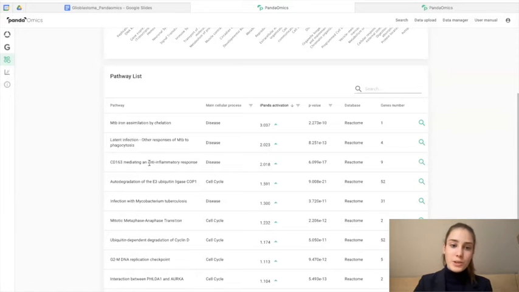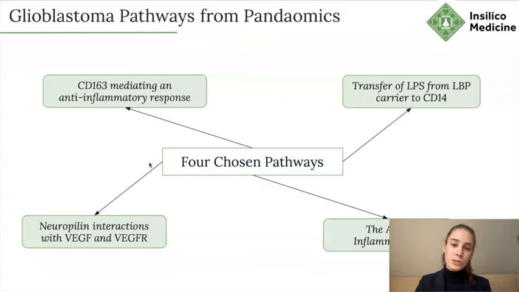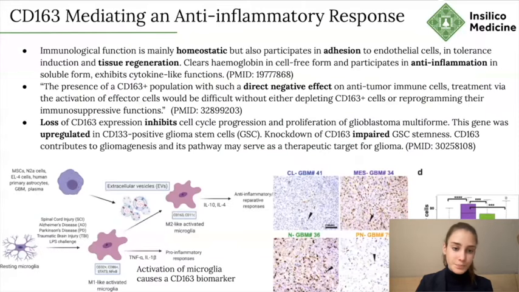Literature on this pathway is overall very new, so we're motivated to look at exactly this pathway. Some publications even show different gene expression in varying subtypes of glioblastoma, like proneural, neural, mesenchymal, and classical. The function of this pathway is mainly homeostatic.